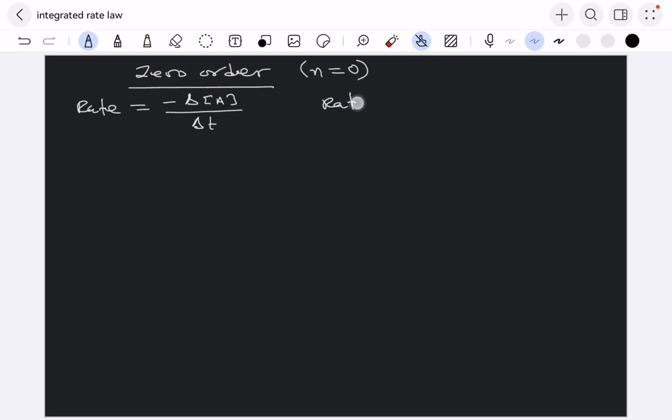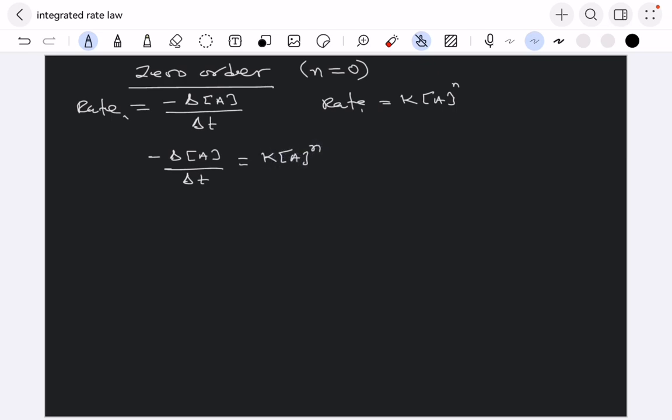Then the rate law is given by k, then the concentration of A with the order of reaction. So when we put these two together, we have an expression like this: negative change in A over change in time is equal to k[A]^n.